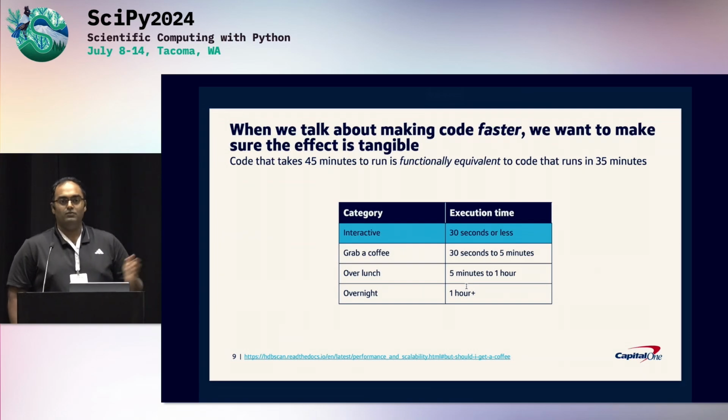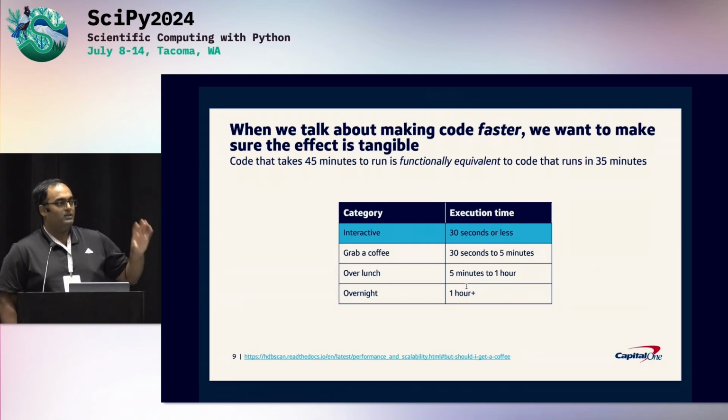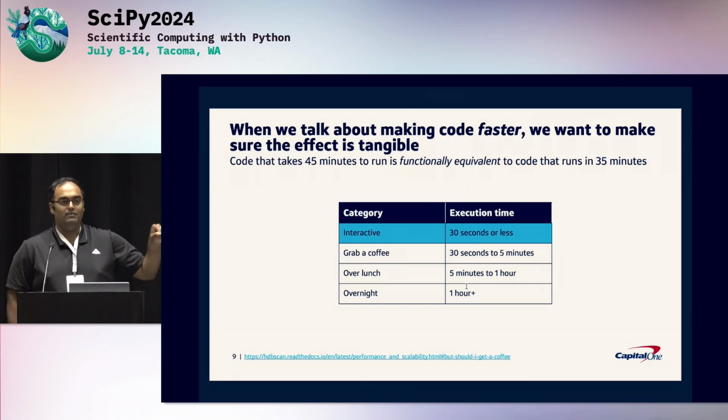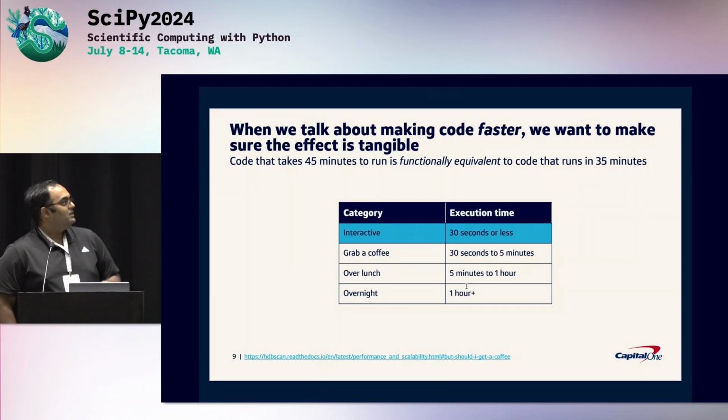You're not changing your workflow, it's not changing your experience. So if we really want to make change in the way people work, we need to be jumping these levels. We want to stay in this idea of interactive code, where you're not even tabbing out of your notebook as much as possible.